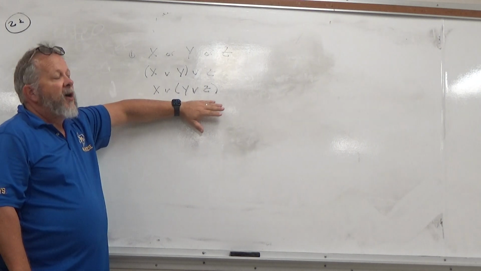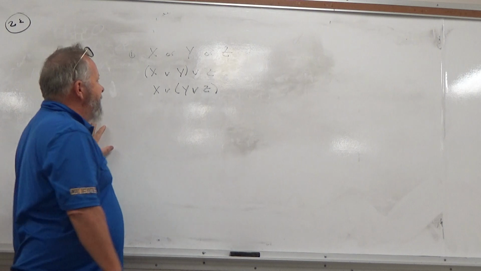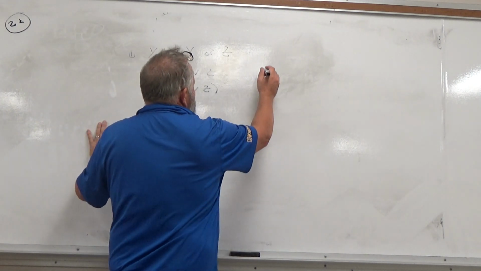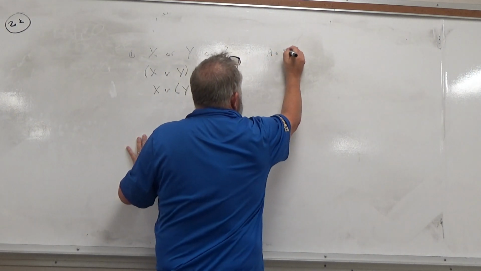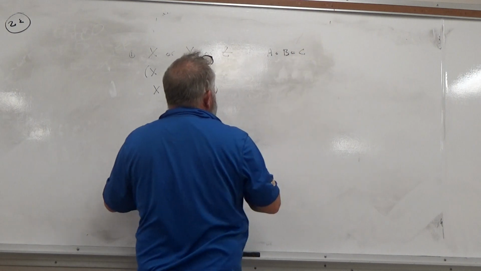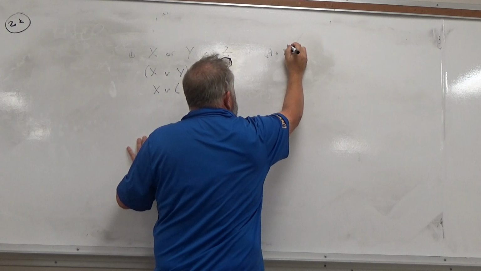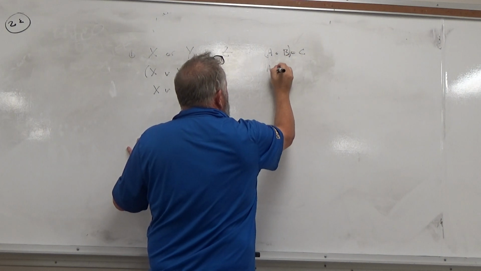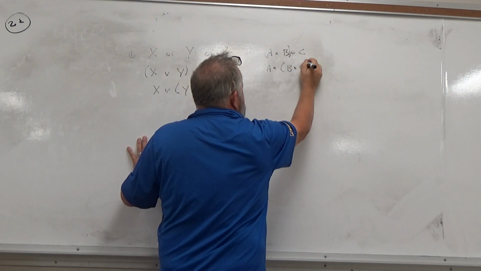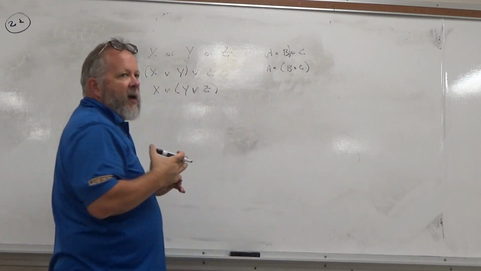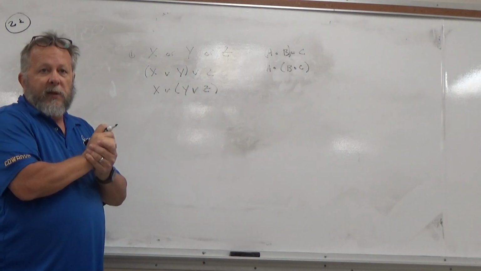I can also do that if I have a string of conjunctions. If I had A and B and C, that would not be a well-formed formula, but I could arbitrarily put in parentheses there, or I could do this. I must do one of those, otherwise it's not a well-formed formula.